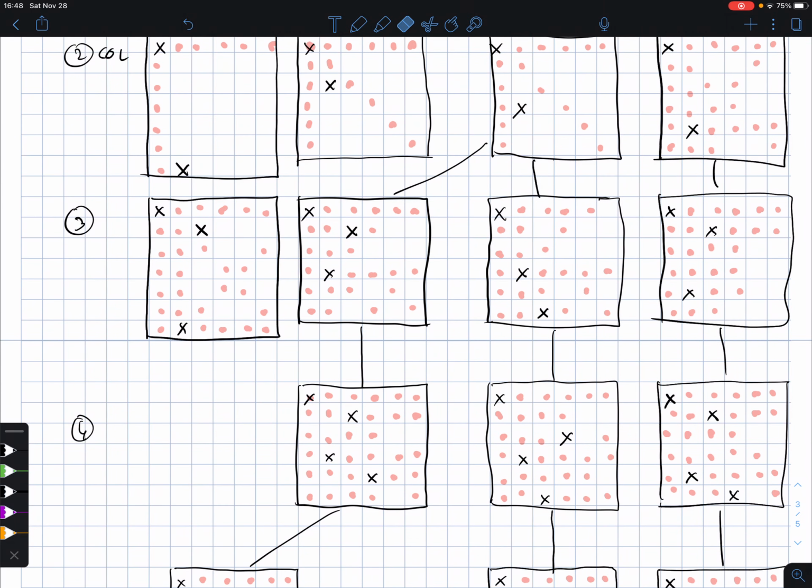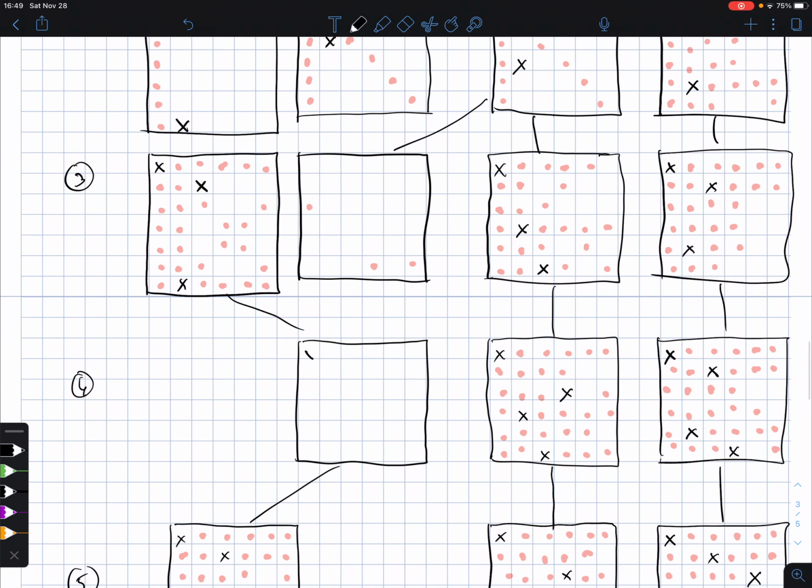I'm going to get rid of that. It is this one I want to repurpose because otherwise I don't have enough space here. So I'm going to go here. We have a queen here, we have a queen here.